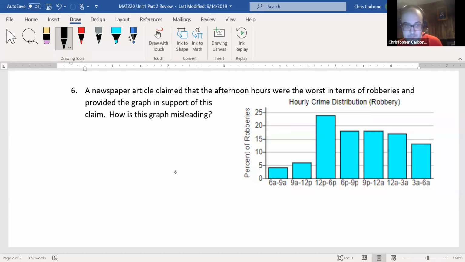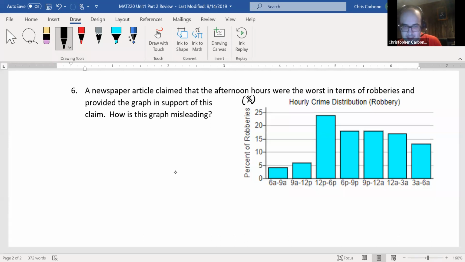Other than that, this y-axis looks fine. We have our title, percent of robberies. There's really no other way to give that a unit of measurement unless they want to include a percent sign here or something. But they have the word.